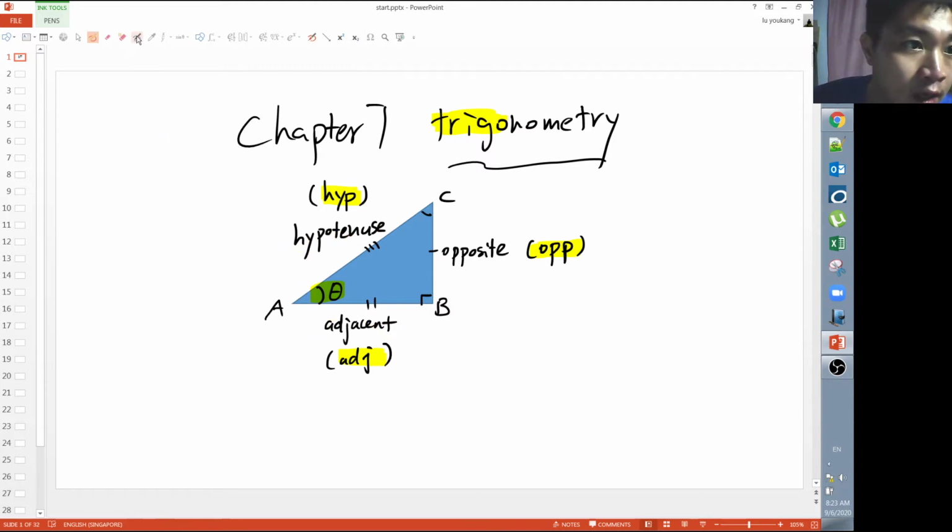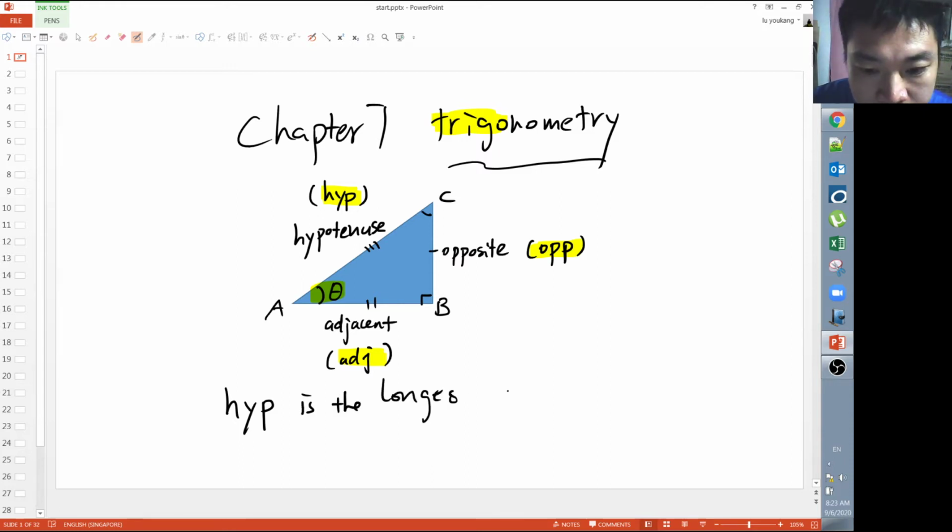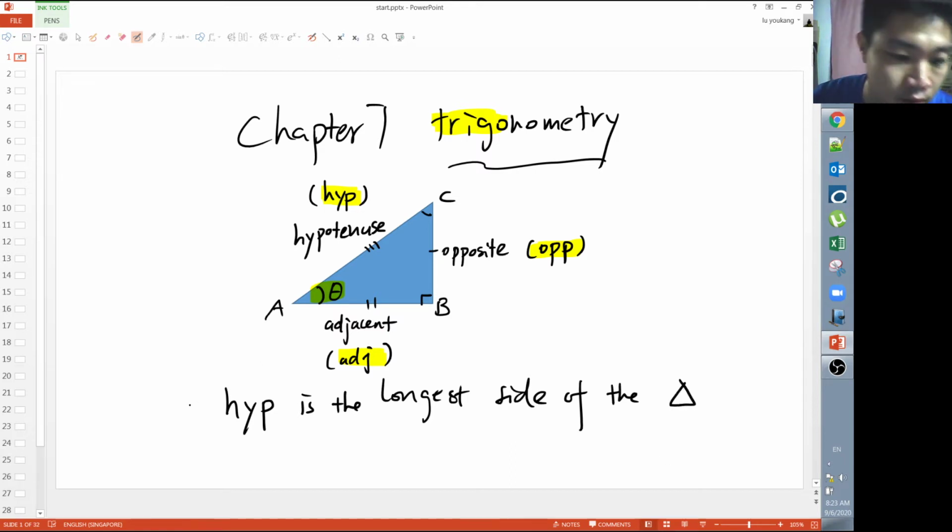Okay, there is a very easy way to identify the hypotenuse. Always remember the HYP, which is the hypotenuse, is the longest side of the triangle. Okay, so this should be your first step. Identify your hypotenuse first, which is the longest side of the triangle.